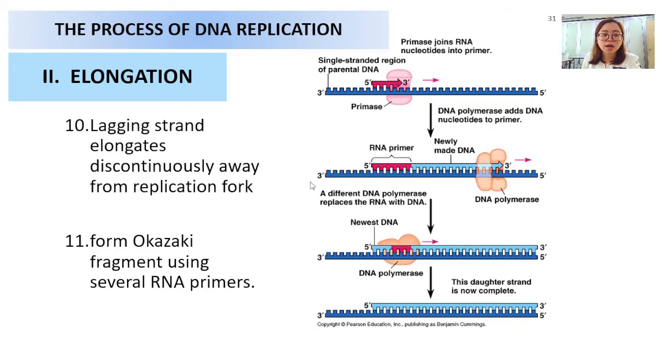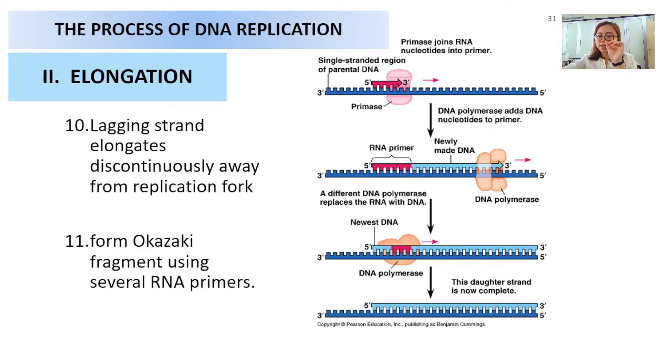Kenapa ada satu leading, ada satu lagging strand? Sebab semasa replication fork, semasa DNA itu dibuka, satu bergerak ngam-ngam di belakang DNA helicase. Satu lagi bergerak bertentangan arah dengan DNA helicase. So, dia tunggu DNA helicase sudah jalan sedikit, baru dia boleh tambah satu primer.